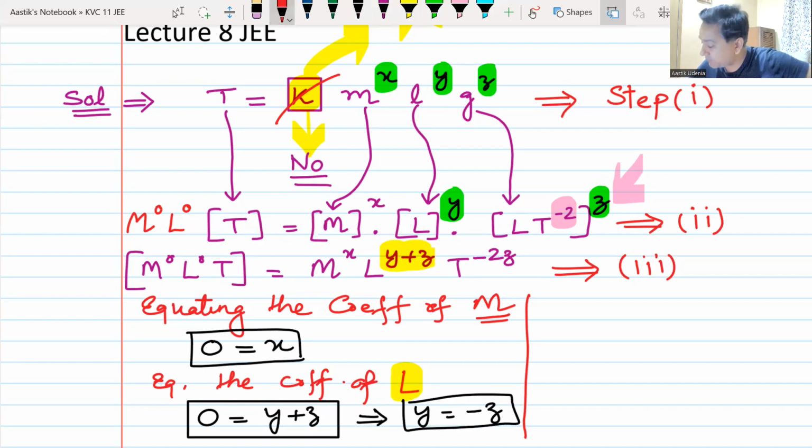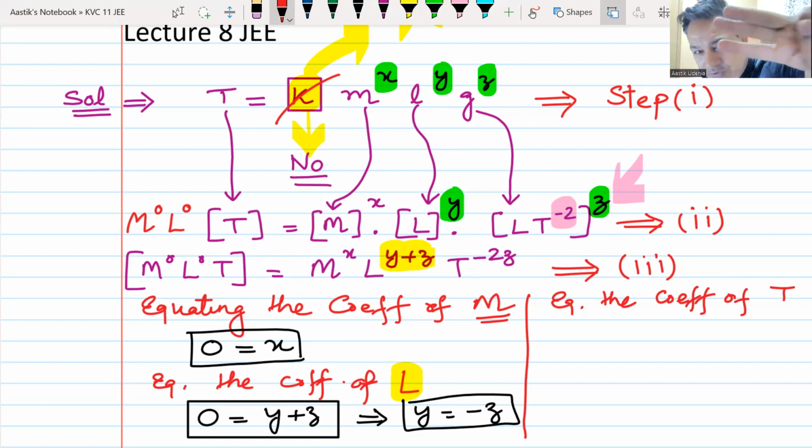What would be my next step? Equating the coefficients of the last term, which is t. Now remember, I only can make three equations. One for m, one for L, and one for t.